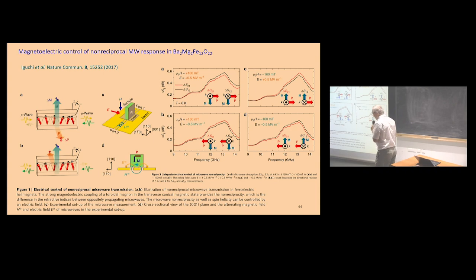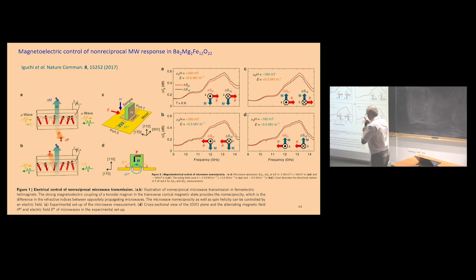The electromagnon can also be in the microwave range, which is again interesting for magnonics. In this paper it was shown that in hexaferrite of this kind, the propagation of the electromagnon depends on the direction of the magnetic field or of the magnetization.